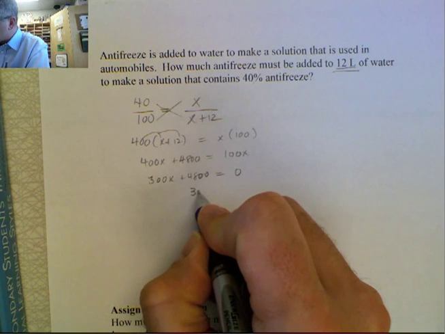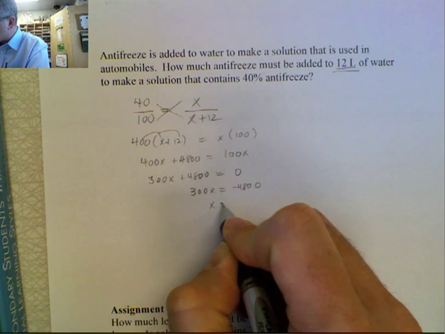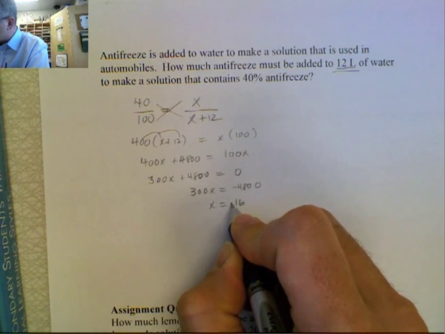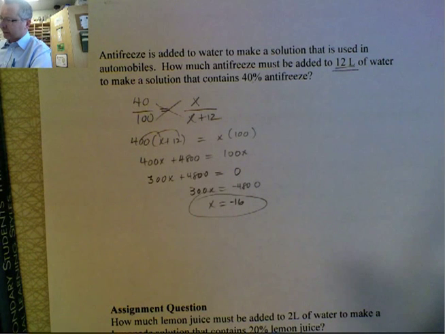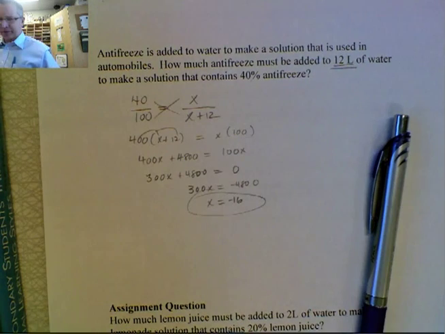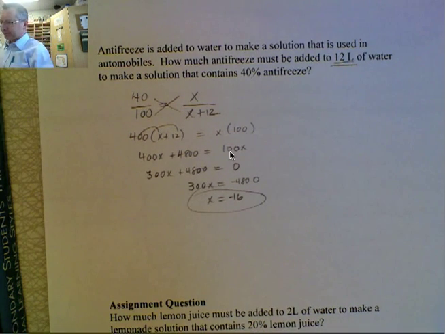If we subtract 4800 and divide by 300, I believe we get 16, or sorry, negative 16. Hold on, that doesn't seem right. Let's check something out. I see where my problem is.